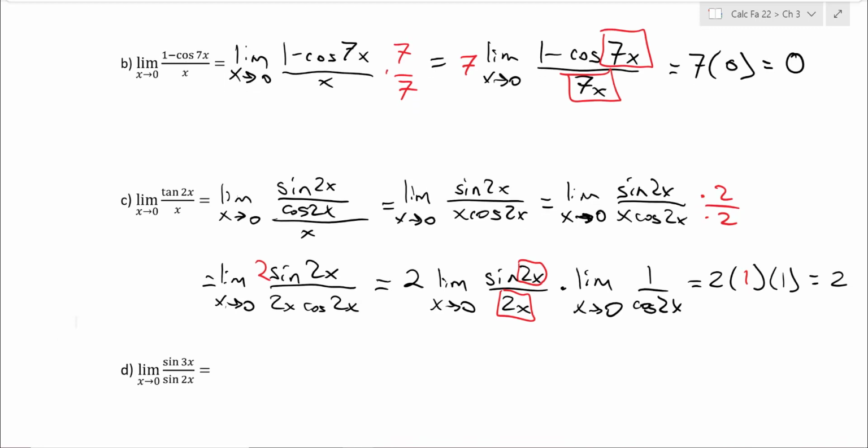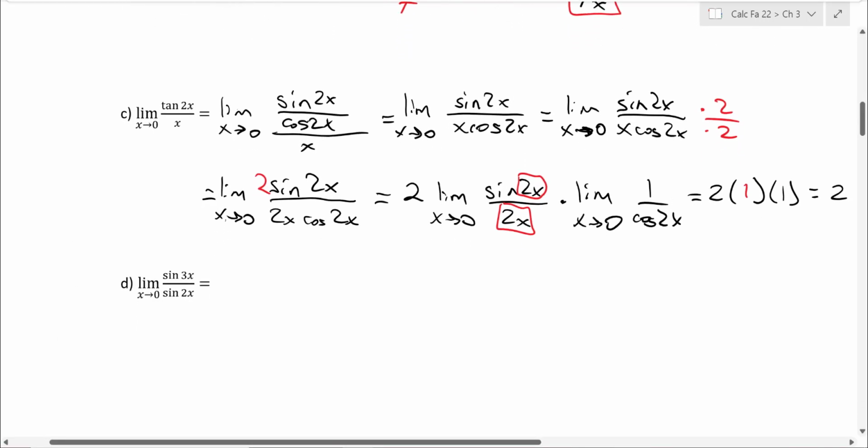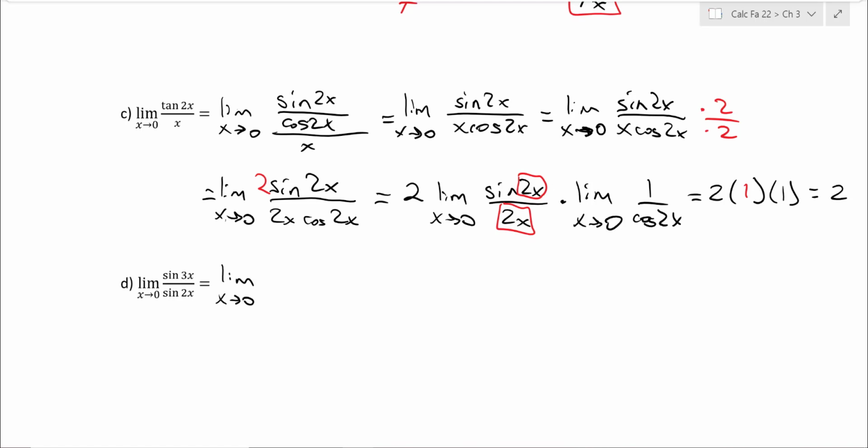And then for the last one, we've got to manipulate a little bit more to make everything match. We've got a sine in the numerator and a sine in the denominator. So we've got the limit as x approaches 0 of sine 3x over sine 2x, which if we sub in 0 would give us a 0 over 0, or that indeterminate form again. So we need to bring in a 3x in the denominator, right, to match the 3x in the numerator.